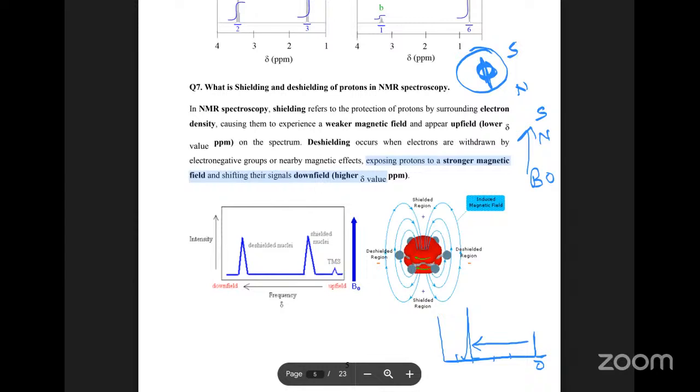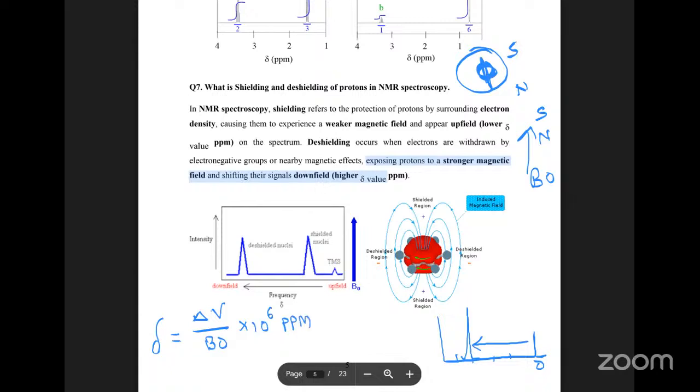Now I'll tell you, what is del? Del is nothing but a ratio. What is this ratio? The difference between the frequency of your observed peak and your instrumental frequency, divided by the instrument frequency, and this is multiplied by 10 to the power 6 to convert it to parts per million.